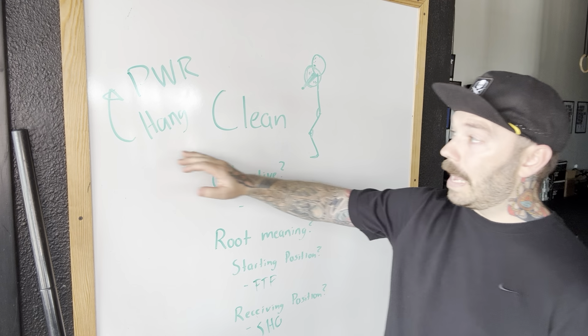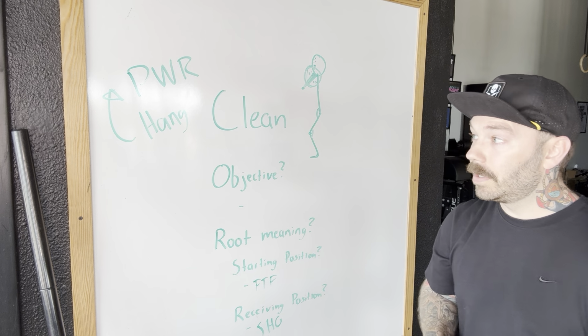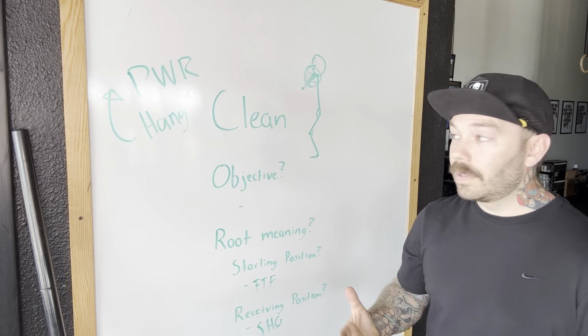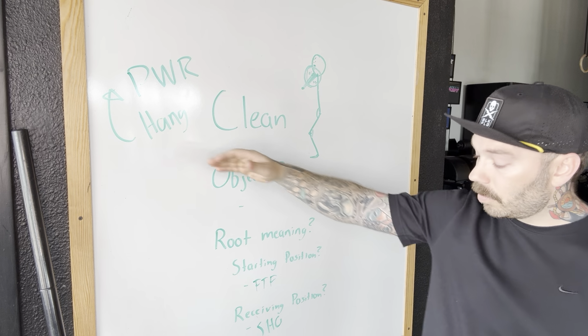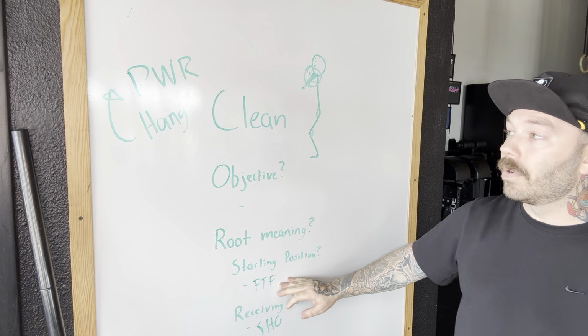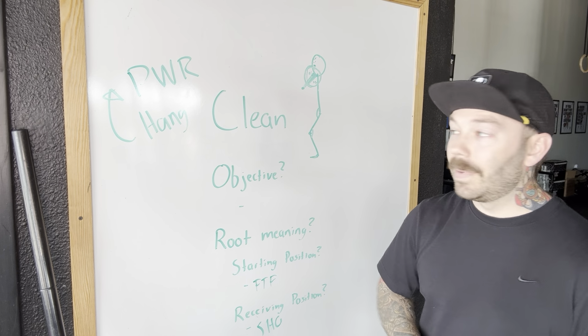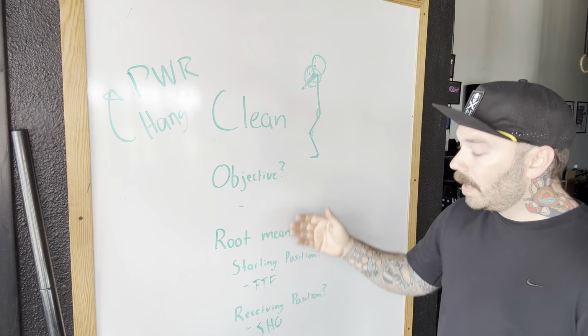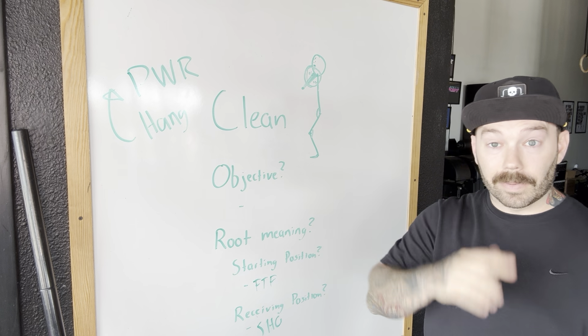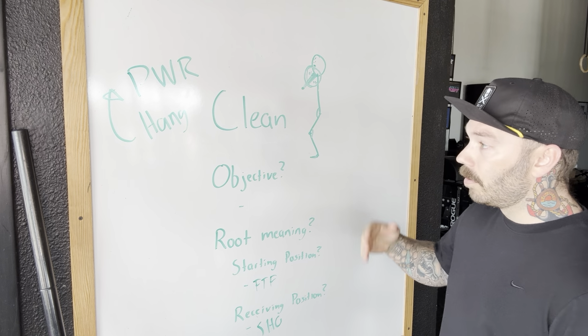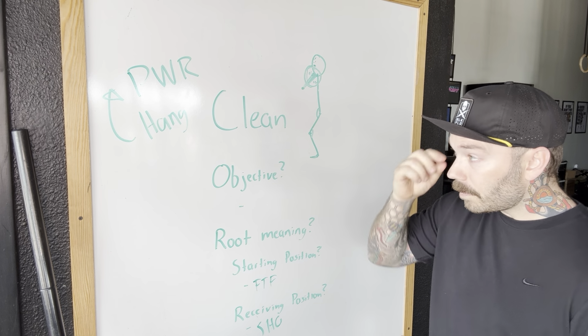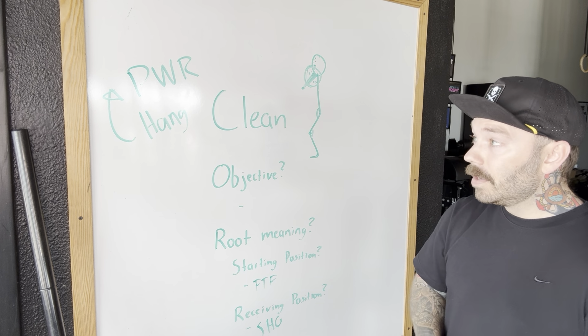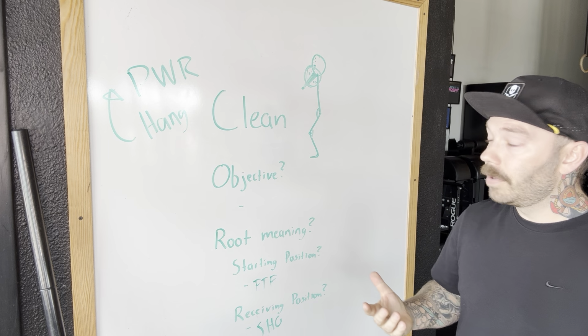So if I do a hang power clean, quiz here, where's the bar gonna start? The bar is starting in the hang position, which means it is not on the floor anymore. And if it is a power clean, it means that I have to receive above parallel, and I don't have the freedom to just receive anywhere I want. I'm not gonna go anywhere outside of that, but I have to be above parallel. So the hang power clean, pretty simple.